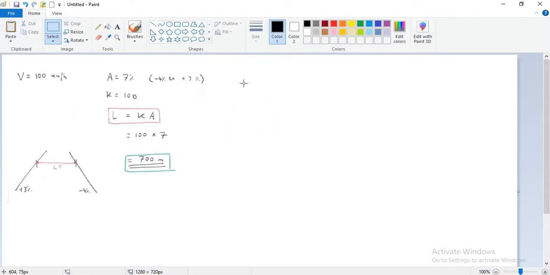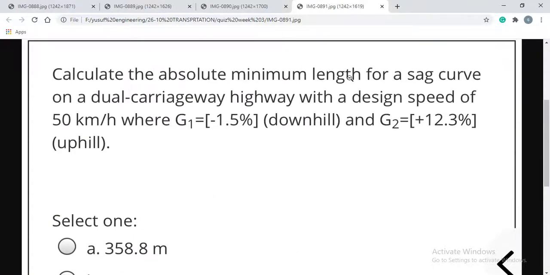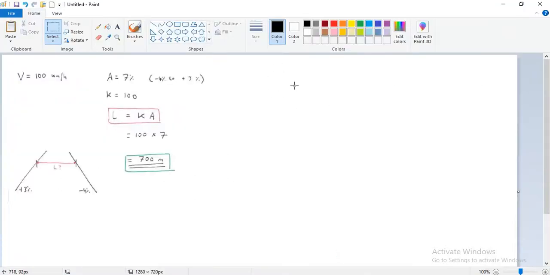First, what we have in our question is the absolute minimum length for the crest curve of a dual carriageway highway with a design speed of 50 km/h. So the speed in our question is 50.